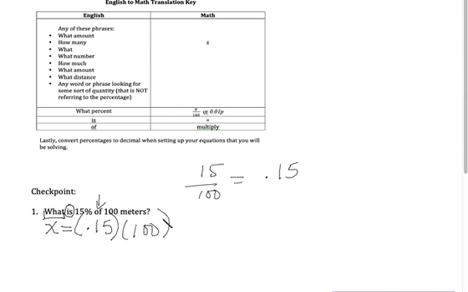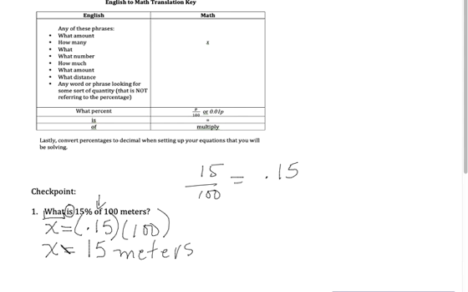And I know my answer is going to be in meters because I'm looking for what 15% of 100 meters is. So I'm just going to do the math on this: 100 times 0.15 is 15. 15% of 100, that makes sense. 15 meters, okay? Make sure you write your unit in there.